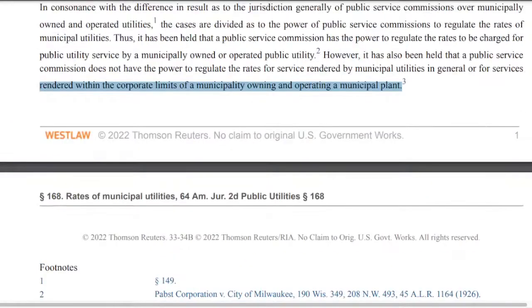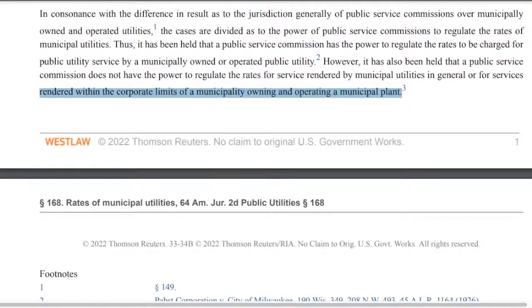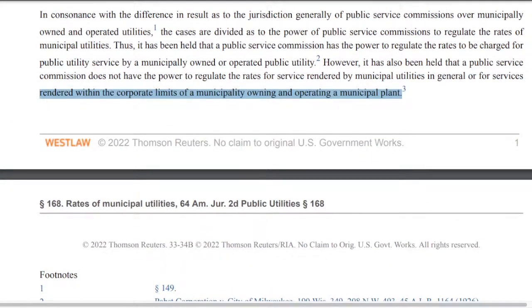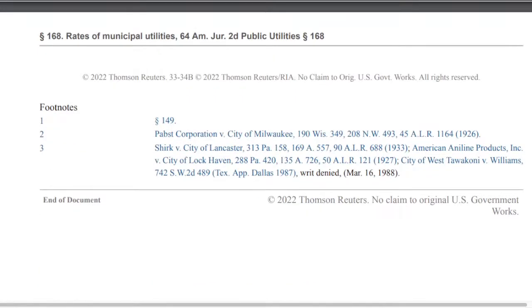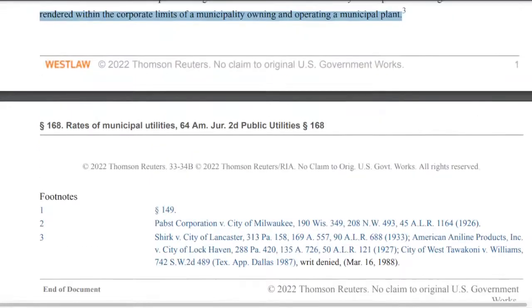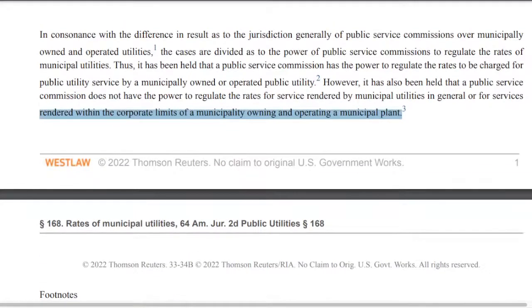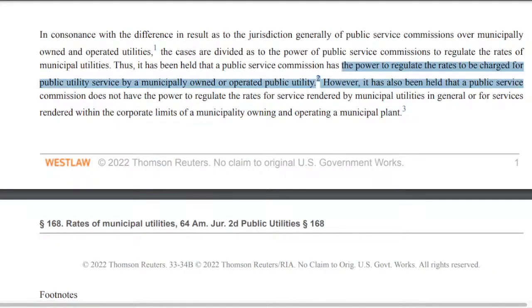Where's third party come into that, I wonder? So let's look at these cases here. Well, there's only three. 1, 2, 3. So section, okay, we could look at that. Pabst Corporation versus City of Milwaukee, 1926. That's a good one. Let's see. Public service has the power to regulate the rates charged. Okay. Wow. So this would be interesting to read up on.